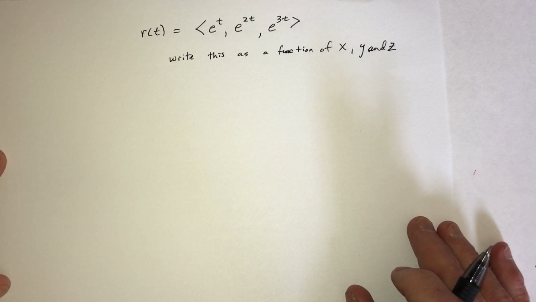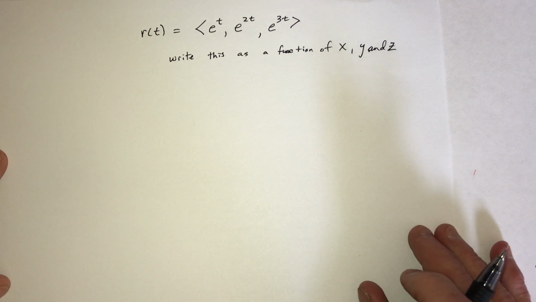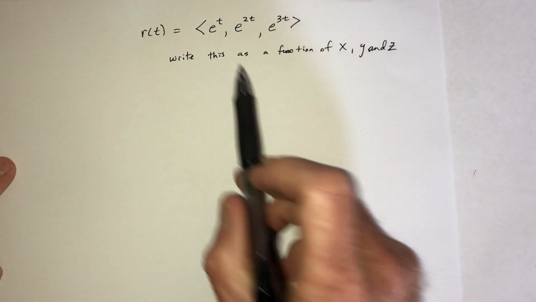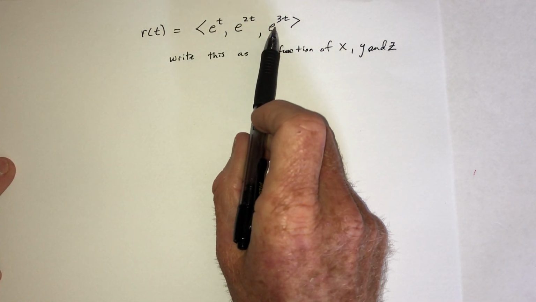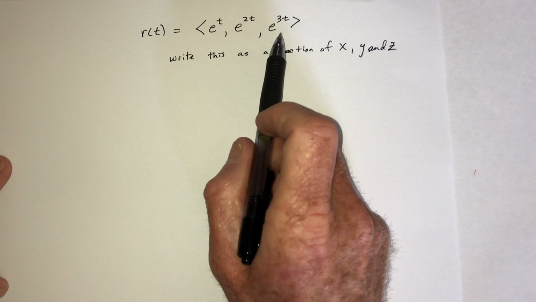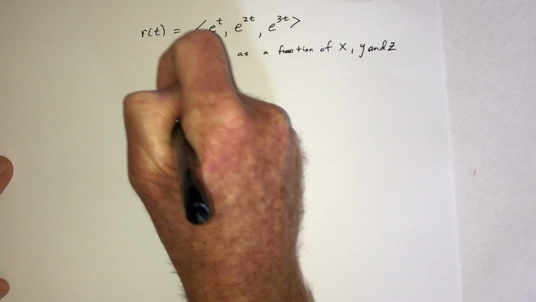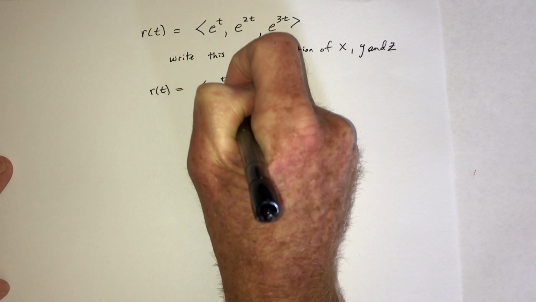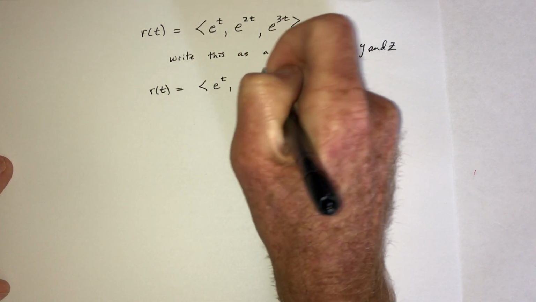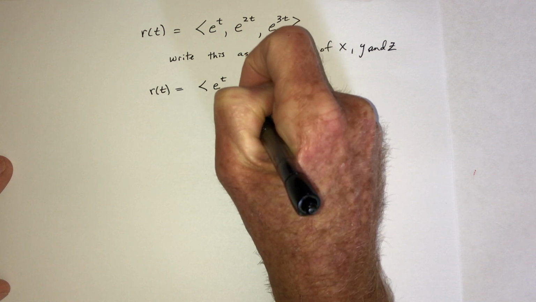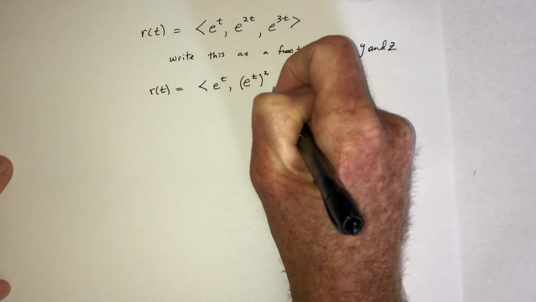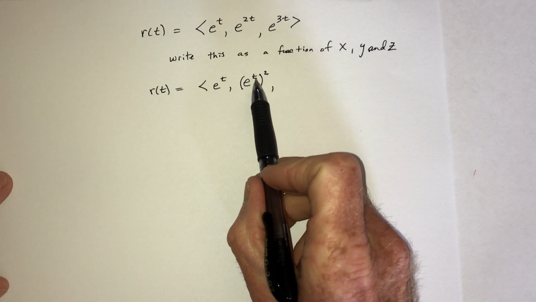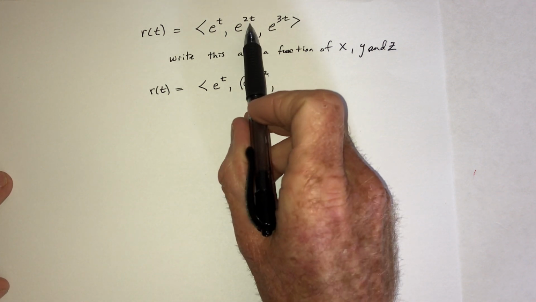Well, with the very first one, I could use the idea that sine squared plus cosine squared equals 1. But notice that each one of these has e to the t in it. So first thing I'm going to do is rewrite this. The first one I can't really simplify, but e to the 2t can be rewritten as e to the t being squared. Because when you have an exponent raised to another exponent, you multiply those two, and that's the 2t.